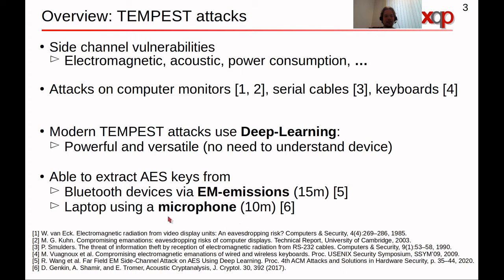The reason this is perhaps surprising is that the kinds of timescales at which a laptop is operating, for example gigahertz processor speeds, is very different from what kinds of sound usually is able to propagate in air. Nevertheless, when a slightly longer amount of time for measuring these emissions is allotted, the keys can be extracted. And this also illustrates how difficult it is to dismiss such attacks as obviously impossible before looking at them.